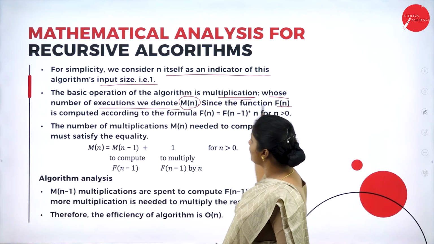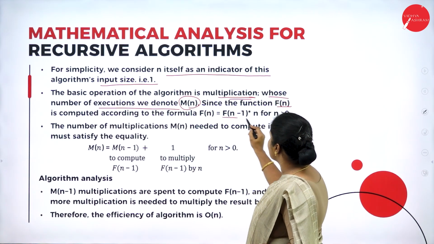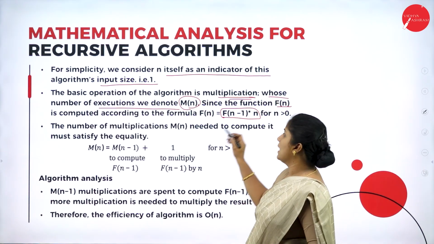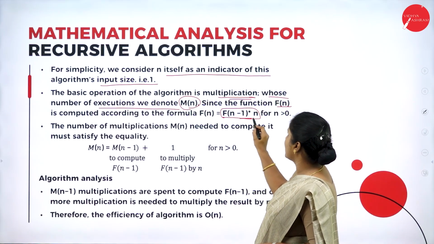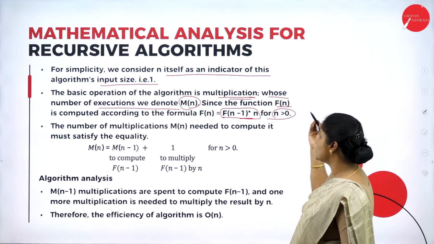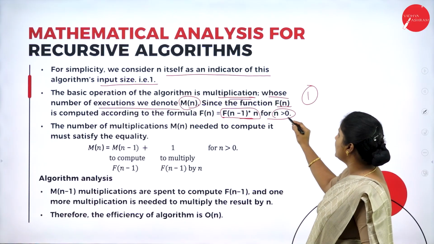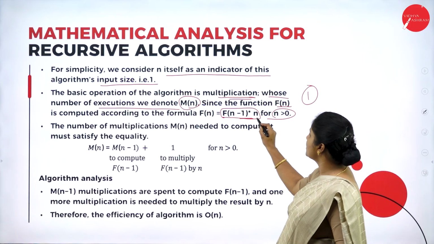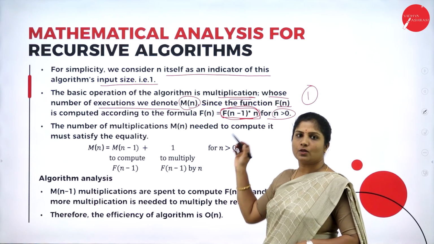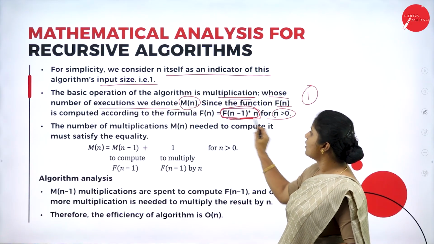Since the function f of n is computed according to the formula n into f of n minus 1 for all n greater than 0, and if n is equal to 0, it returns only 1 as the answer. So it calculates the factorial of a given number using this formula.